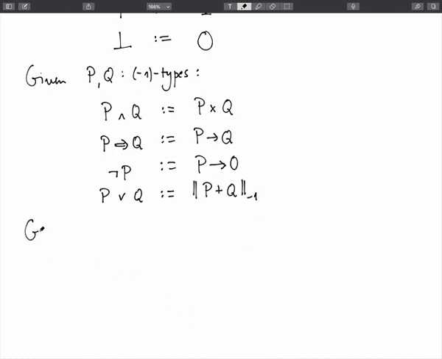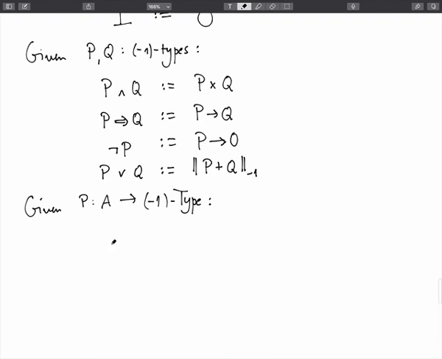And then let's do first order logic as well. Given P from A to -1 types, so this is now a predicate. If I have a dependent family like that, then I can define for all x in A, P of x is just pi.